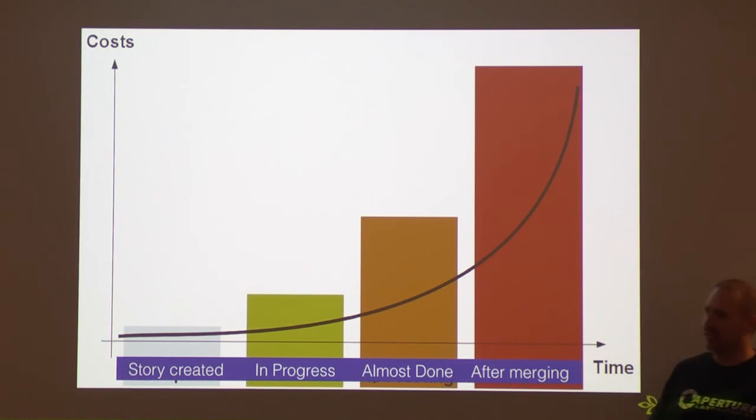But when you're almost done, maybe you've written the unit test for this already, and oh, now there's a change, and I got to change not only my code, but the test that goes along with the code. And then finally, after you take your branch and merge it back into the master tree, well, if it's not done right, what are you doing? You're making another branch, pulling it out, and making a bunch of changes. So you also have to think of that too. So we go to our PMs quite often, and they come to us.